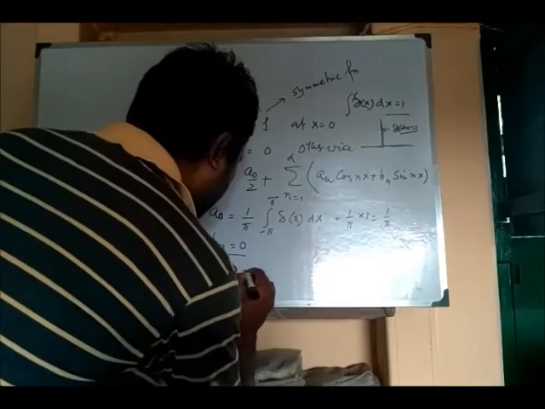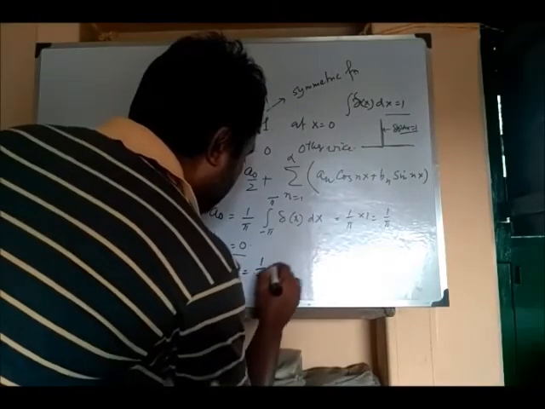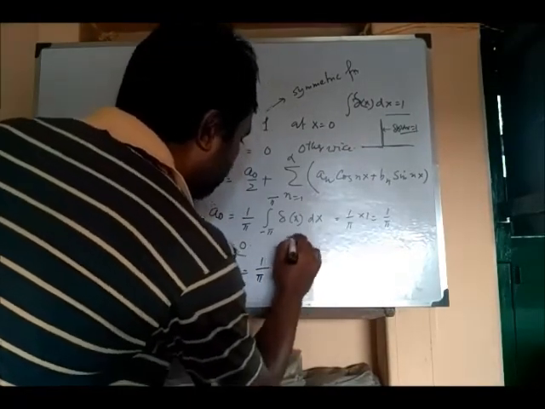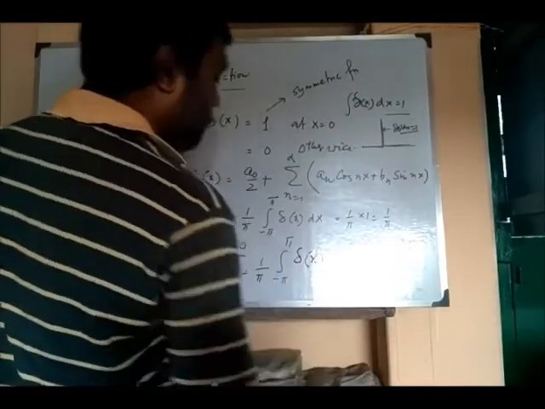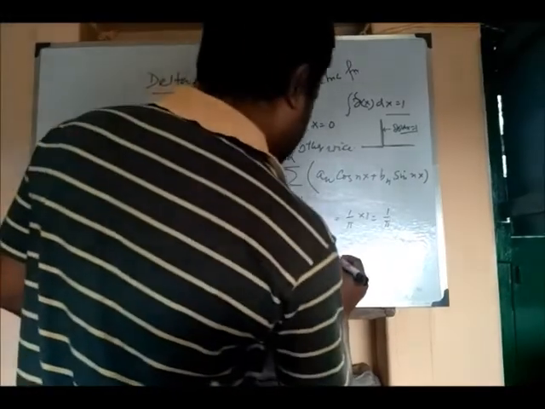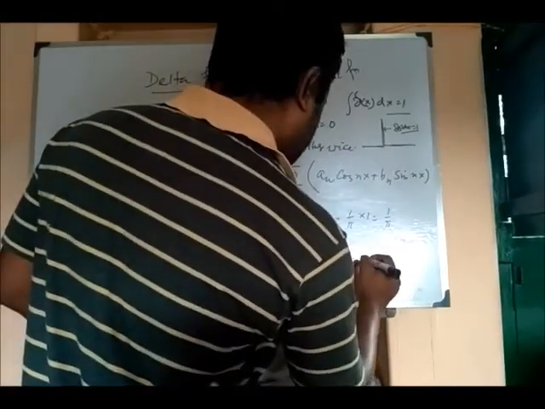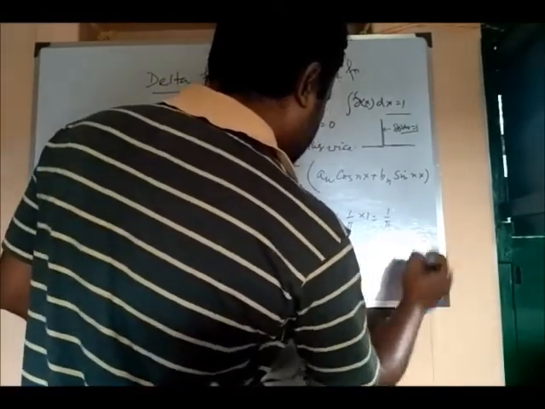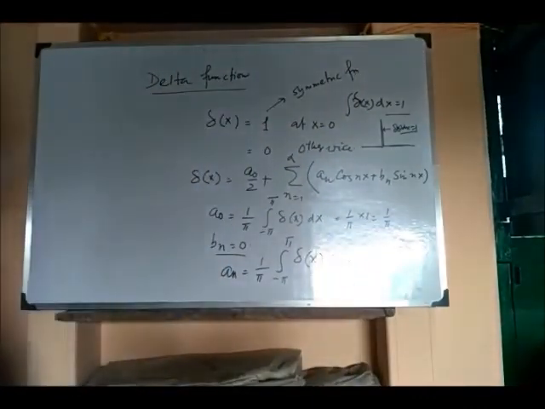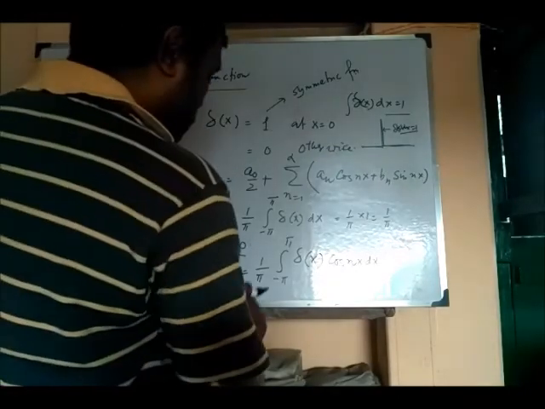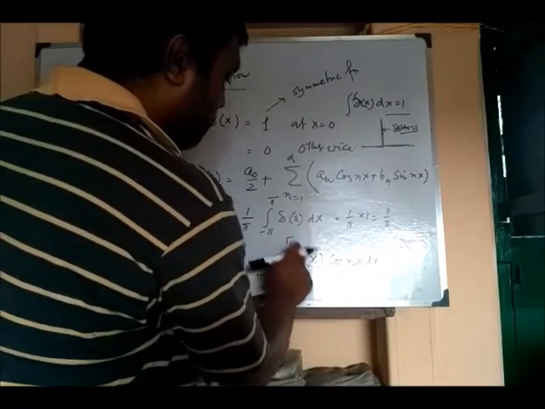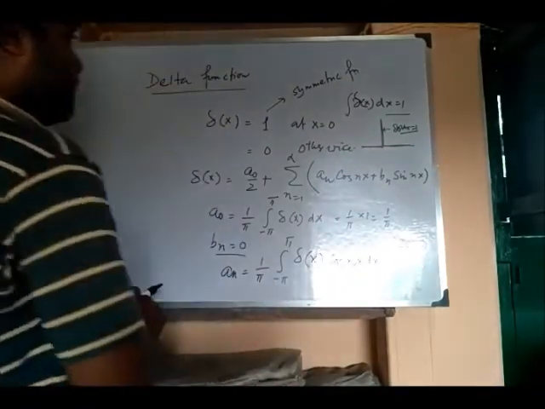So an equals 1 upon pi integral from minus pi to plus pi of delta x times cosine nx dx.